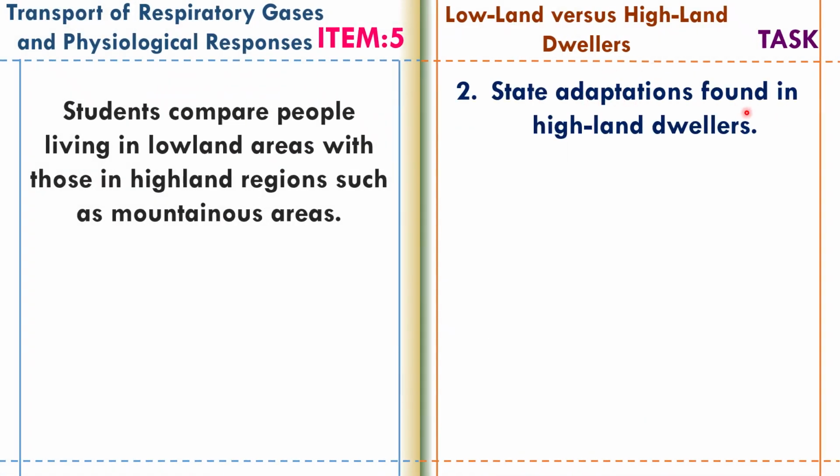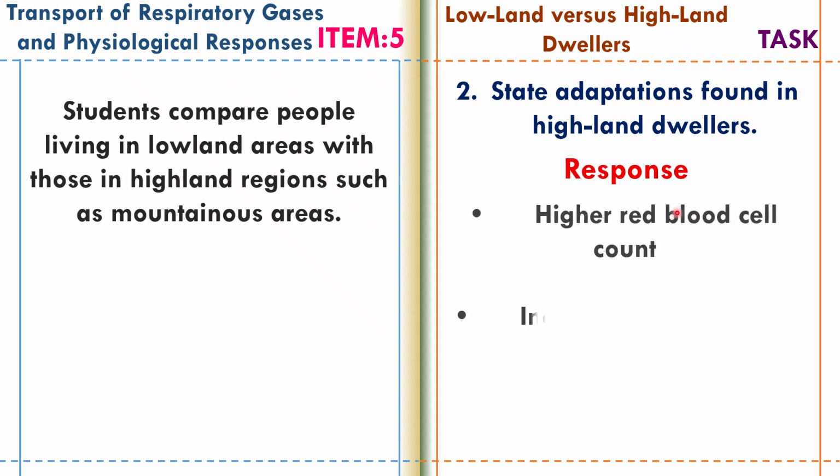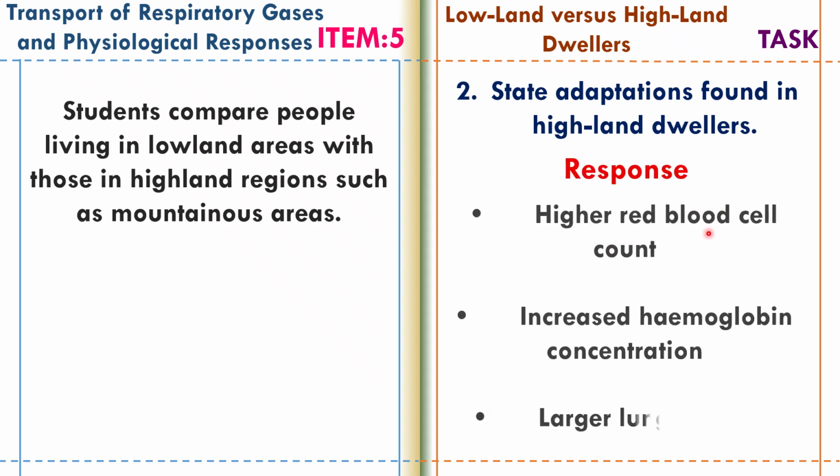State adaptations found in highland dwellers: high red blood cell count, increased hemoglobin concentration, larger lung capacity.